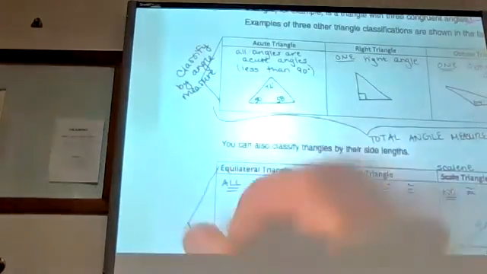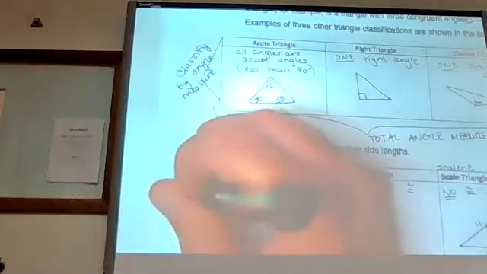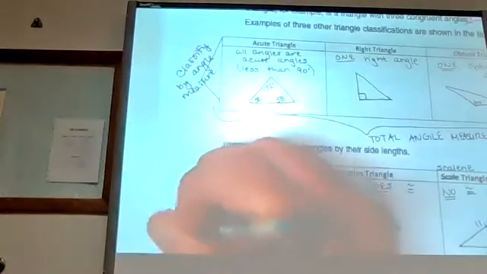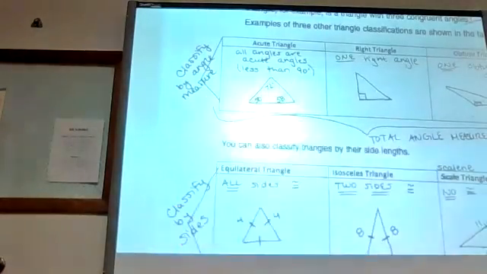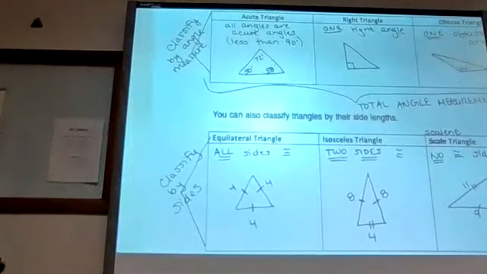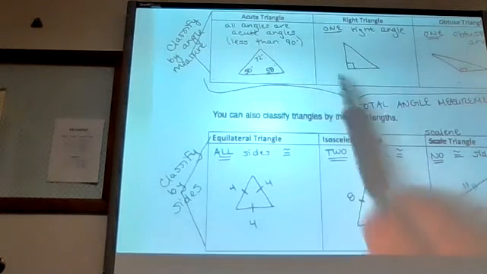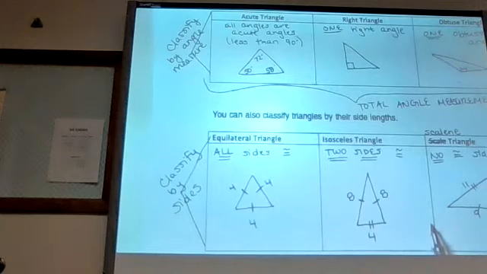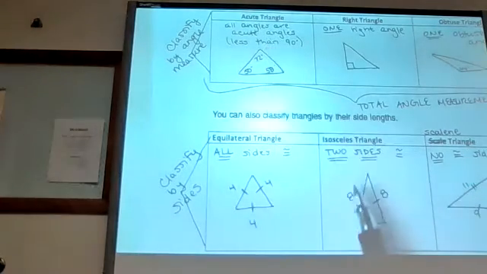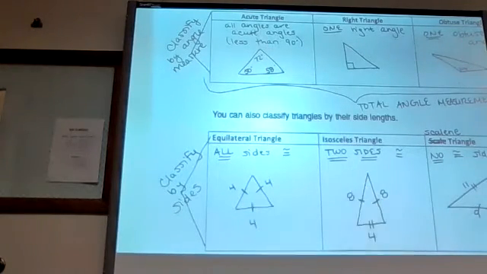This table helps us classify by sides. Many times it'll ask you to just go ahead and do both, classify it by angle and sides. So I would have maybe a right scalene triangle. I have a right angle and it's a scalene triangle. Or maybe I have an acute isosceles triangle. So I'm using a part from each to classify it. And you'll see that in your homework tonight.